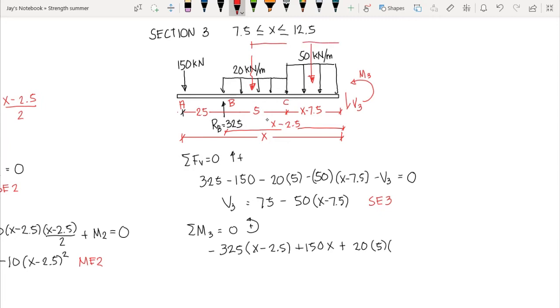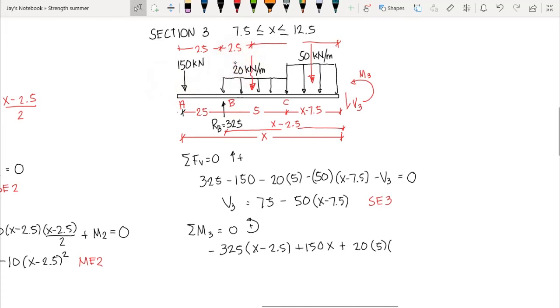Since we know that this one here is 2.5 from B, and that is 5 meters from A, the resultant here is located 5 meters from A. Since 1/2 of 5 is 2.5, plus 2.5, which is the distance from B to A, we have 5 meters.